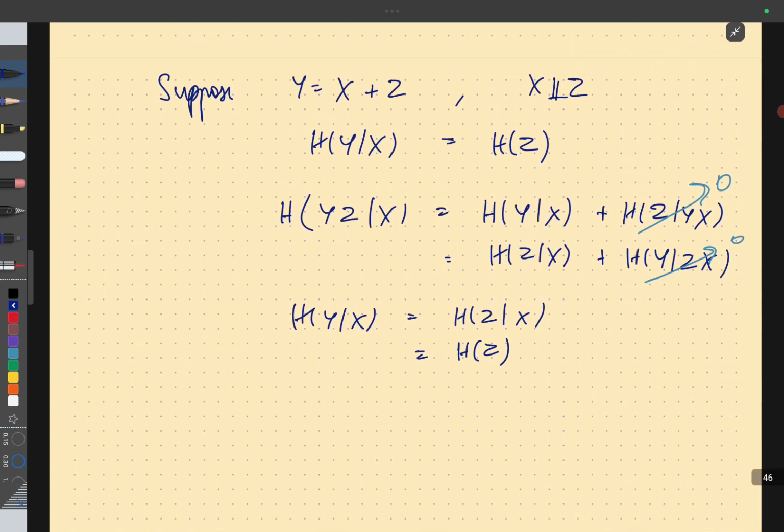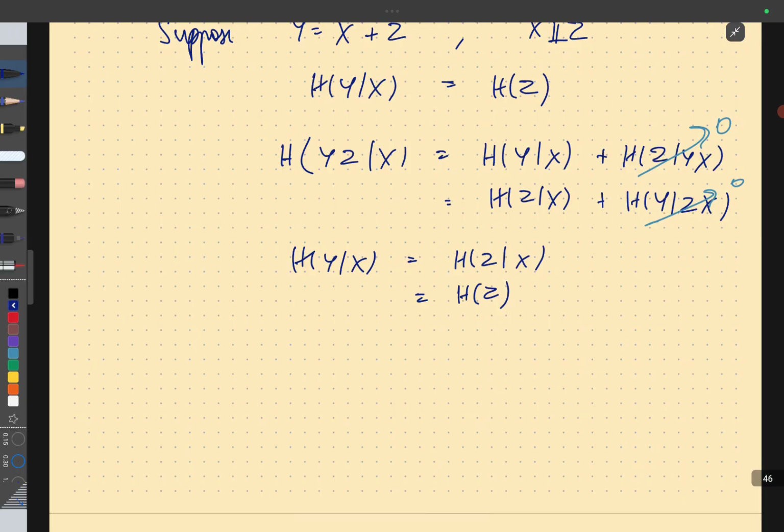This also tells us something. Suppose I have such an additive noise channel where z is independent of x. If I look at the mutual information between x and y, this is equal to h of y minus h of y given x, or h of y minus h of z.